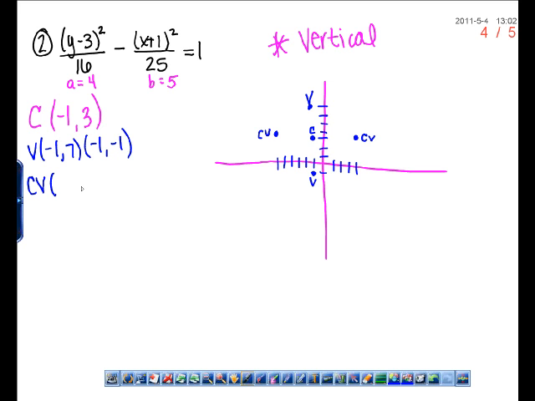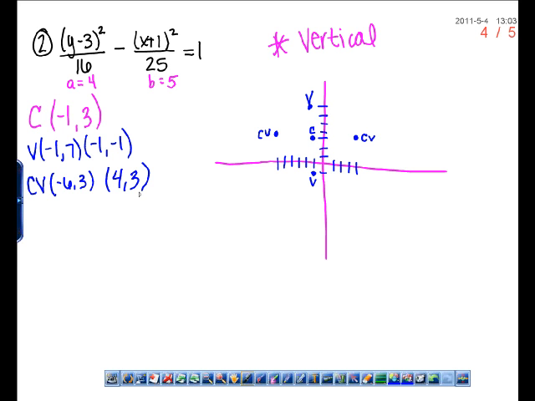What are our coordinates for co-vertices? Good. Not 5, 3. 4, 3. All right. So we've plotted our center, we've plotted our vertices, we've plotted our co-vertices.